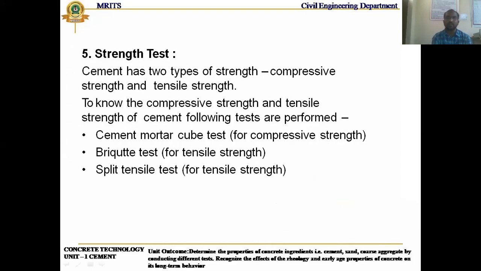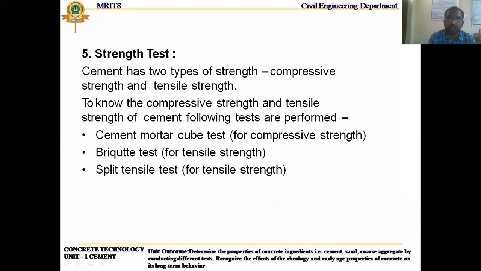The strength of cement we can determine using the compressive strength as well as the tensile strength. To know these, we will perform compressive testing, tensile testing, split tensile testing as well as the briquette test.